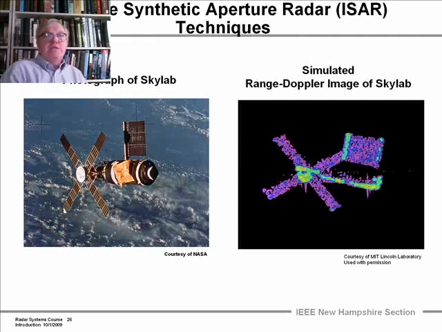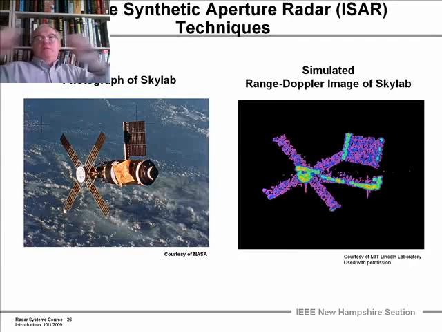And a very easy way to see how measuring the Doppler at successive periods of time will translate into cross range is if you take and put a large metallic dumbbell in space. Two metallic spheres connected by a rod, let's say is an insulator, doesn't conduct at all. And it's rotating around in the plane.